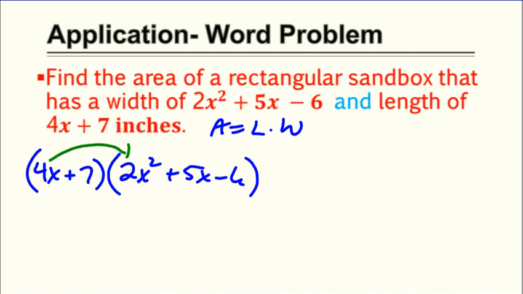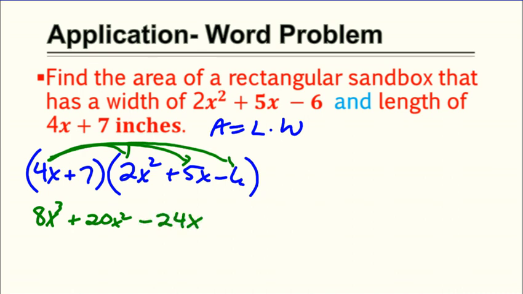So 4x times 2x squared is 8x cubed. 4x times 5x is a positive 20x squared. And 4x times negative 6 is a minus 24x. Next part, 7 times 2x squared.